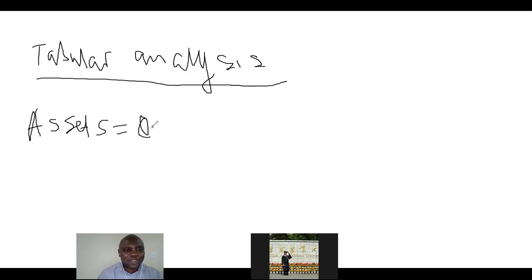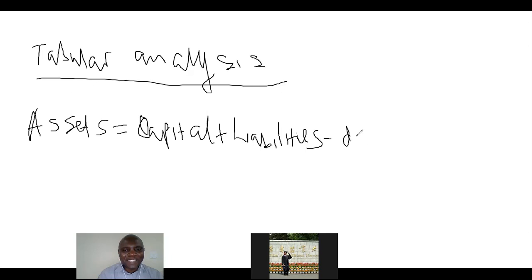I'm just saying capital, but just know that it's owner's equity. Capital plus liabilities. Here you have different types of liabilities. But when you're doing this tabular analysis, there's no need to start segmenting them. Capital plus liabilities, minus drawings if you want to remove part of your money.